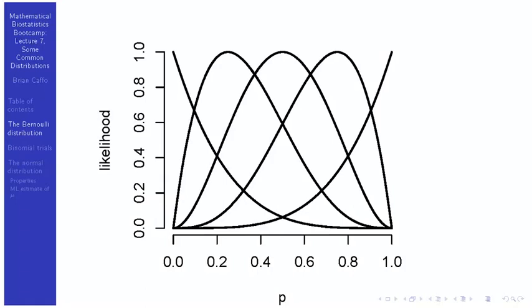There are only 4 possible sufficient statistics we could obtain: 0 heads, 1 head, 2 heads, 3 heads, or 4 heads out of the 4 coin flips. And here are the possible likelihoods that you could obtain from this experiment, all normalized to have height 1.